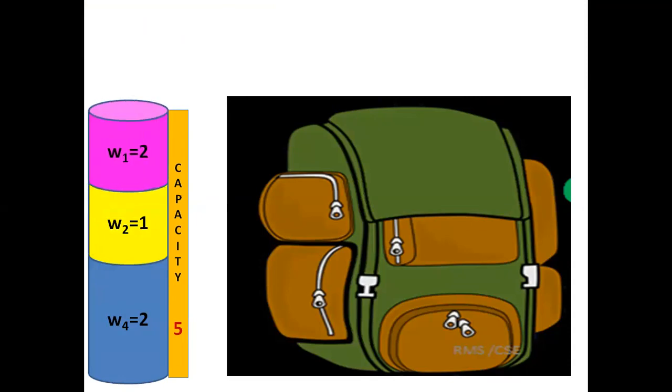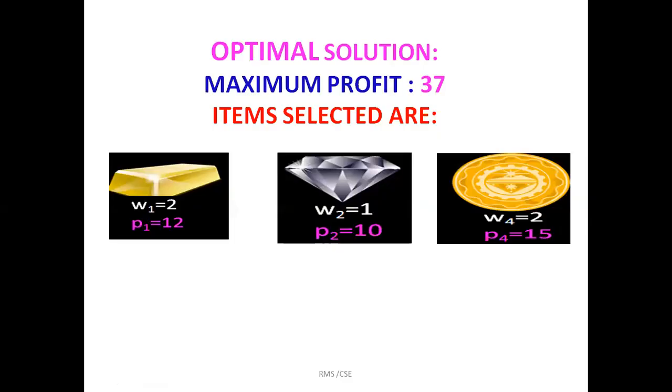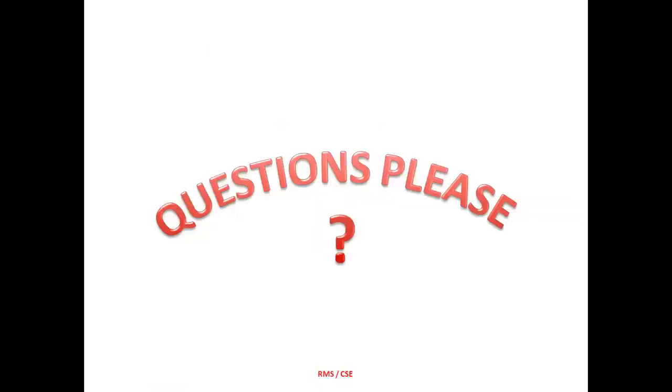Now my bag is filled. There is no capacity to add the remaining object. So we got the profit as 37 and the items selected are W1, W2 and W4 with profit 37. So this is how the objects are selected to get the optimal solution.